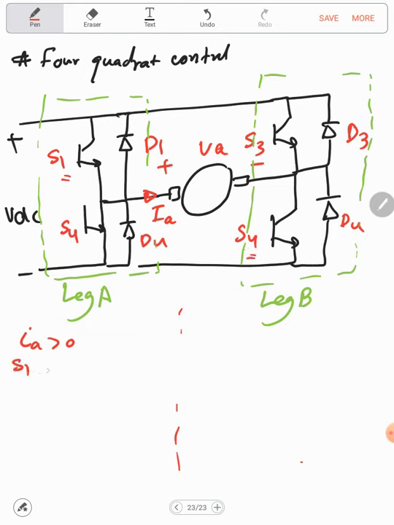So S1 and S4 are on. So simply this means that VA is positive, IA is positive, and this is the Q1 operation.